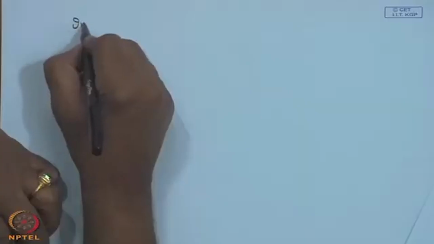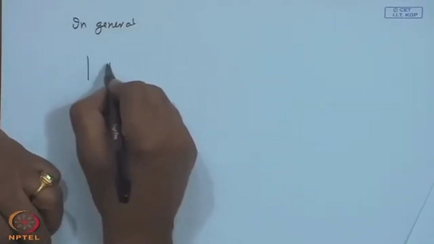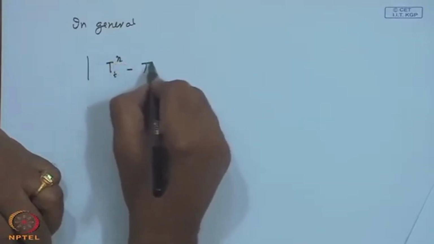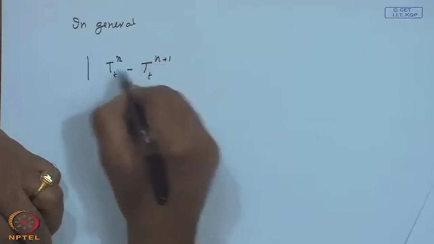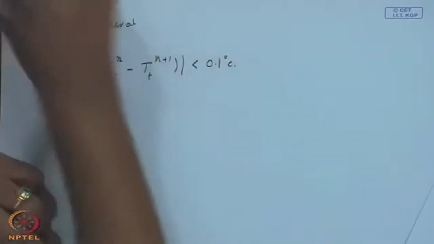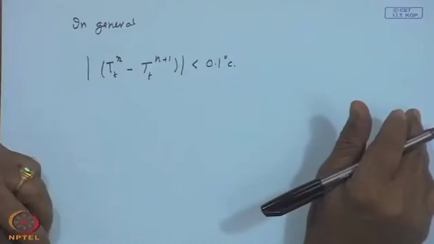In general, if we continue to iterate, I can write it as modulus of T tank n minus T tank n plus 1 is less than 0.1 degree C. So, you continue this calculation n number of times until the difference in that estimated T I bar and T minimum by 2 is pretty close to the previous value you guessed as the tank temperature.